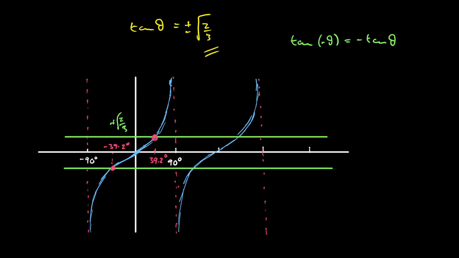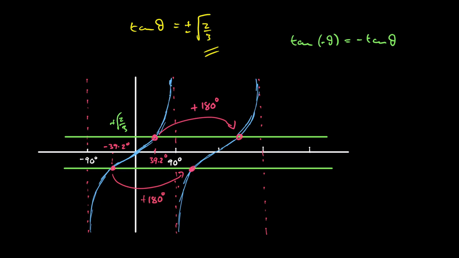And essentially what I want to do is say, okay, do I know this value? And do I know this value? And yes, I do, because this value here is equivalent to this one, but it's just one wave along. So I've moved one wave to the right. If I move one wave to the right, that means I've got to add 180 degrees because one wave period is 180. And the same thing with this one, I move 180 degrees to the right.